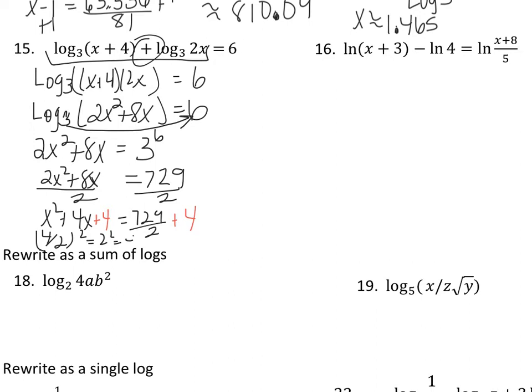And let's see, let's come up to the top. I get x plus 2 squared, because that's how x squared plus 4x plus 4 factors. And that equals, that's 4 is 8 over 2, and 729 plus 8 is 737, so it equals 737 over 2. And then I'm going to square root both sides.